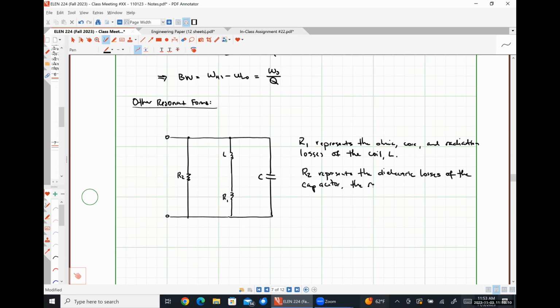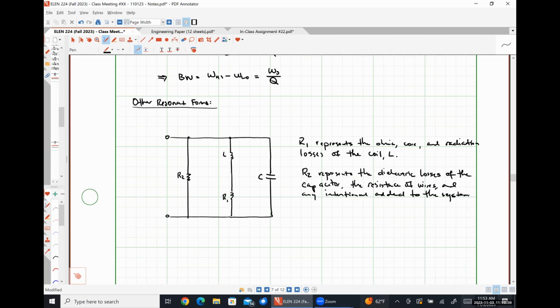It also represents the resistance of our wires and any intentional resistance added to the system, meaning we physically put a resistor in the circuit. So that's what R2 is representing.